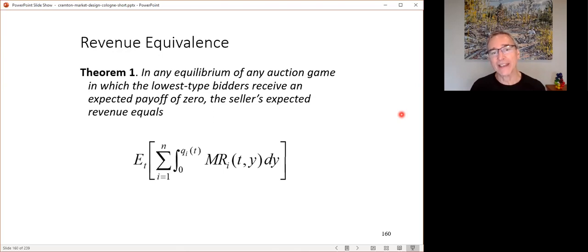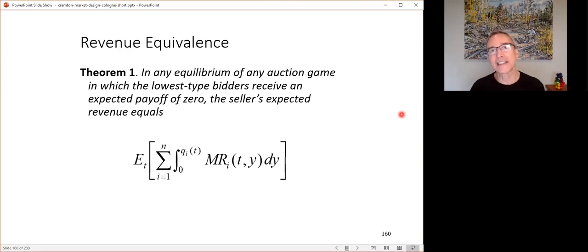And then secondly, an auction that's focused on efficiency or simplicity, I'm going to have to make fewer assumptions to figure out what the auction rule should be.